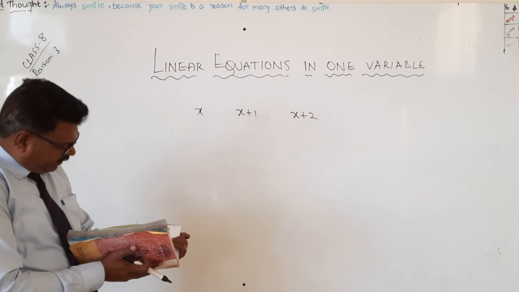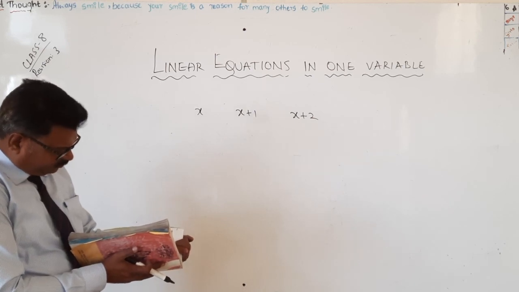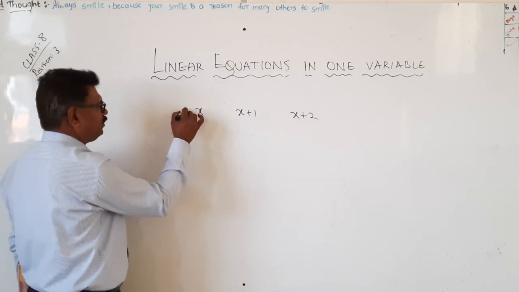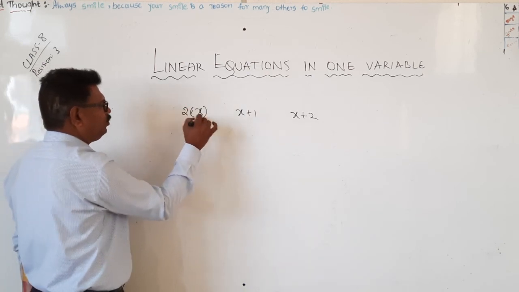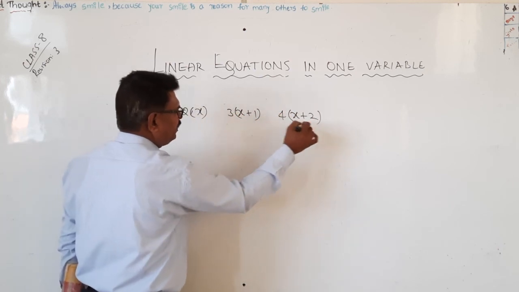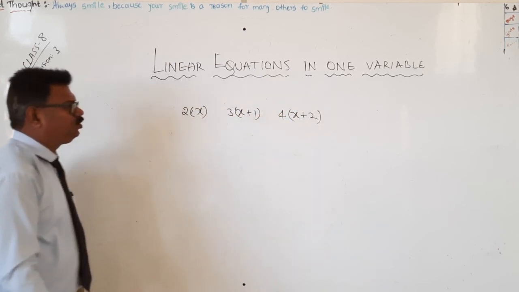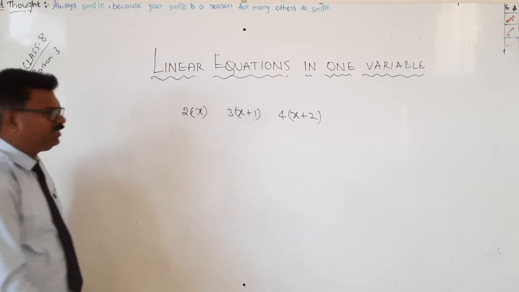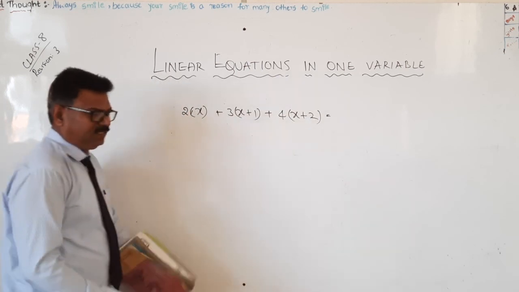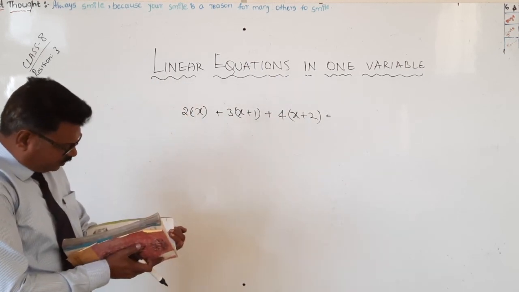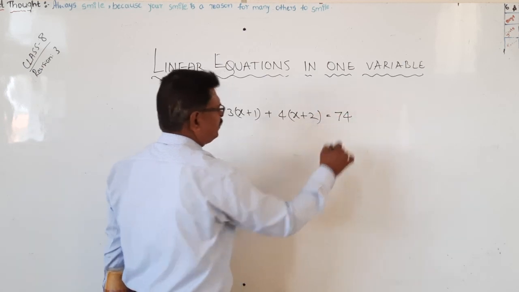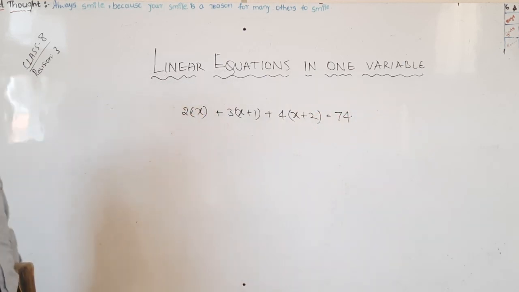If they are multiplied with 2, 3 and 4, their sum is equal to 74. Find those numbers. Very simple.